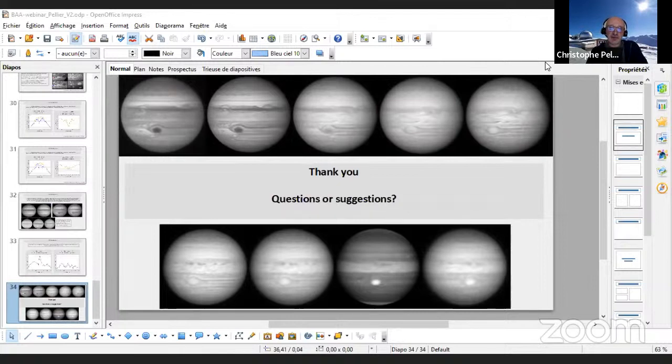But I'm ready, of course, to help any people who would like to learn the method. Basically, you can use whatever telescope you want, whatever camera you want, a black and white camera, not a color one. The only thing that you need to buy is the filters.